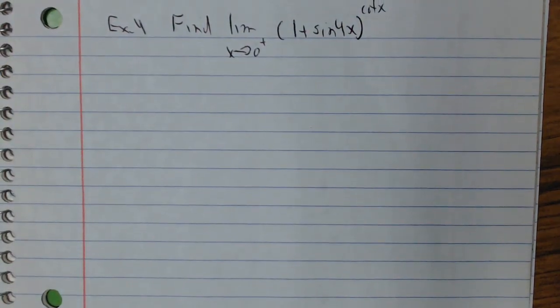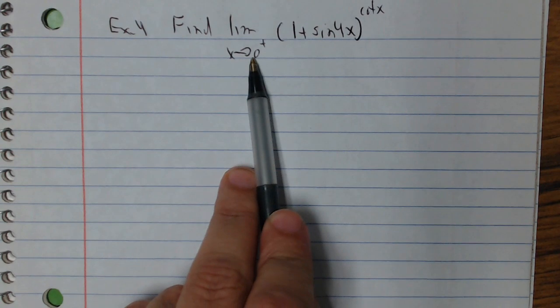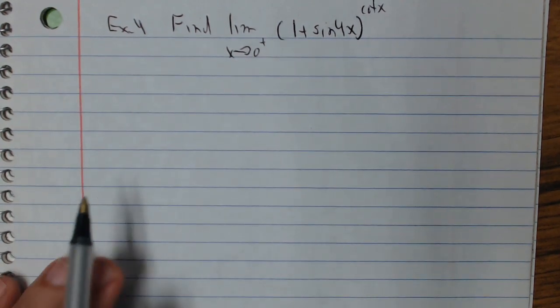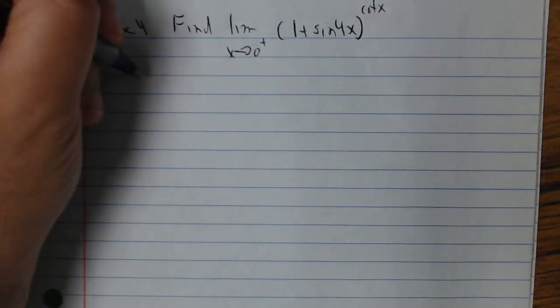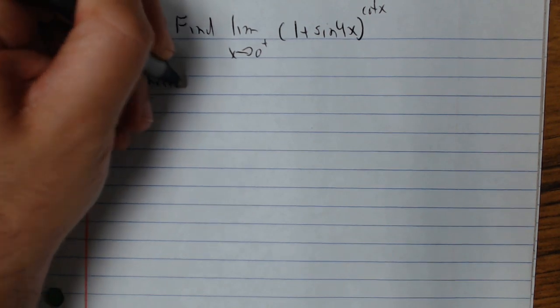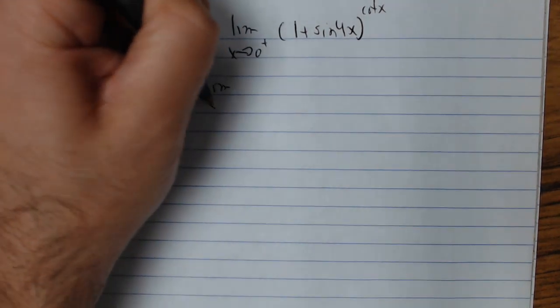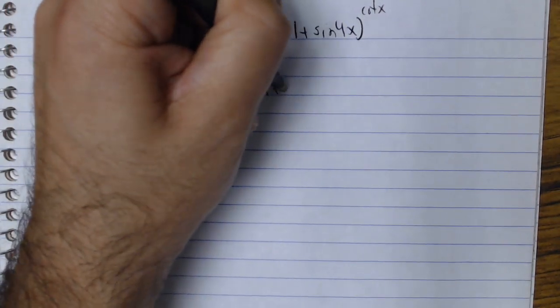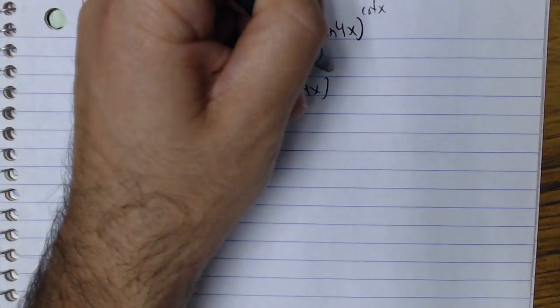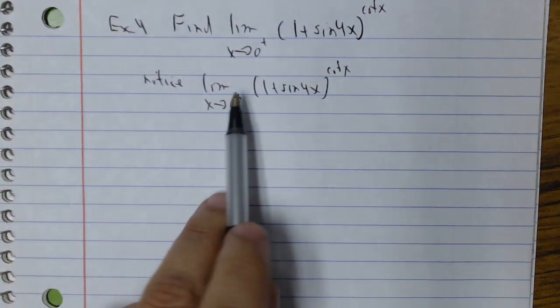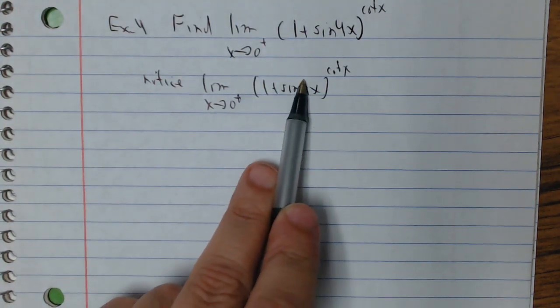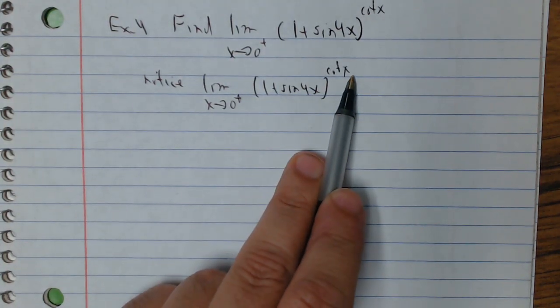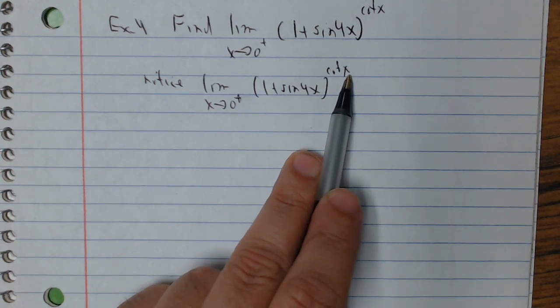If you remember, cotangent of x at 0 had a vertical asymptote. So notice, the limit as x approaches 0 from the right side of 1 plus sine of 4x to the cotangent x: as x approaches 0, sine of 4x goes to 0, and cotangent goes to infinity.